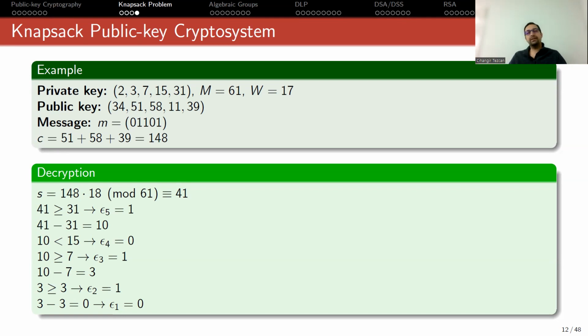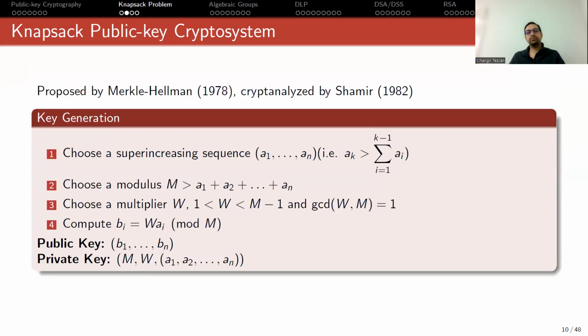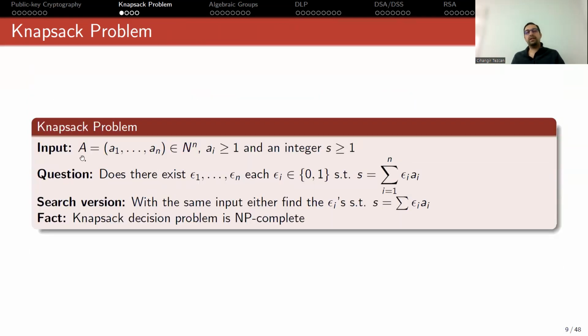The thing is that in the knapsack problem, recall our problem. Let's go back. We start with an input A, which contains integers AIs. Here we are not saying anything about super increasing, right? So not every instance of this problem is easy.